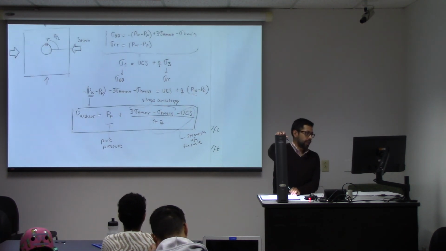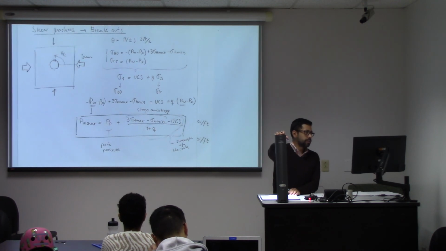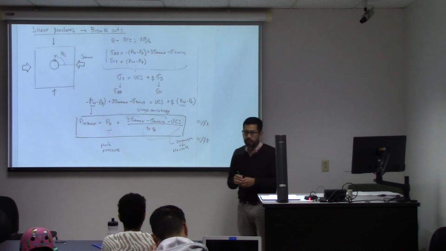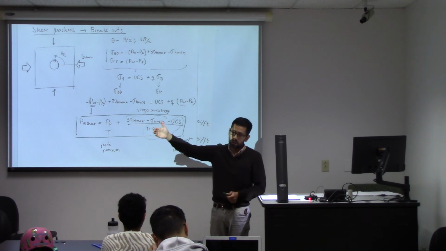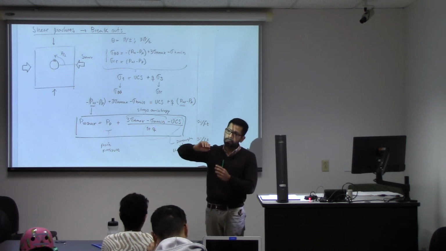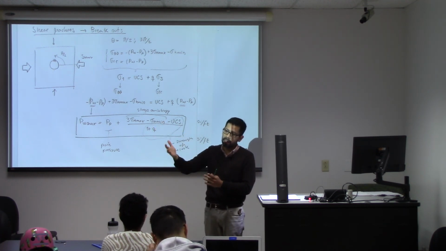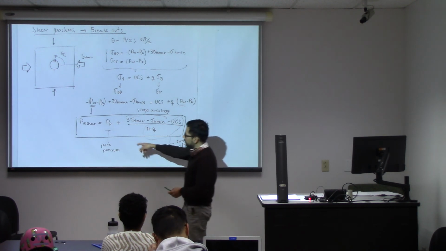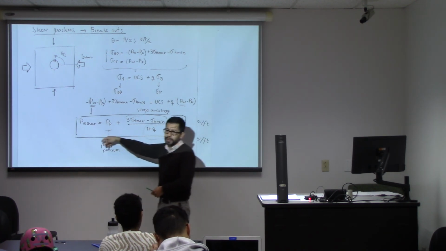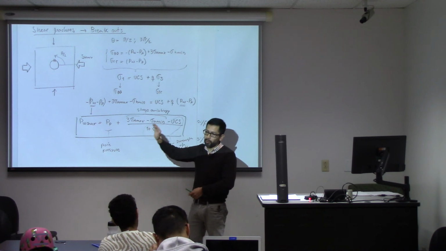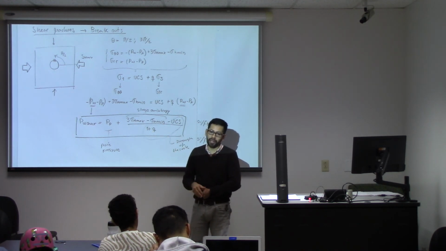Now, conceptually, this pressure is going to be opposite to what we had before, which was the maximum pressure we could get to before we have tensile fractures. Now this is a minimum value. This is the lowest pressure that you can get to in the wellbore without causing shear failure.